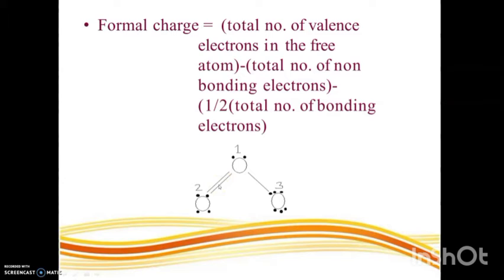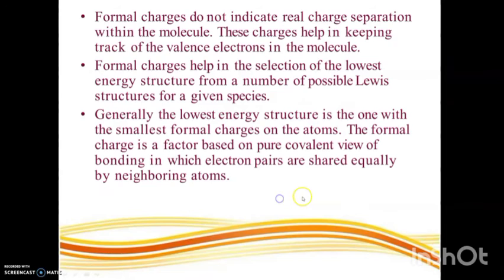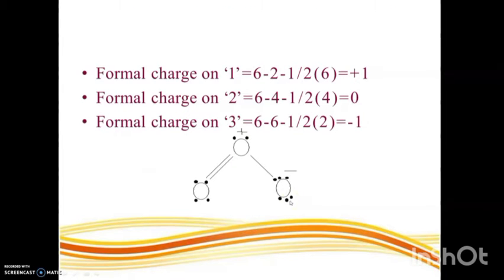Then minus the non-bonding electrons: 1, 2, 3, 4, then half of the 4. Then we get 0.